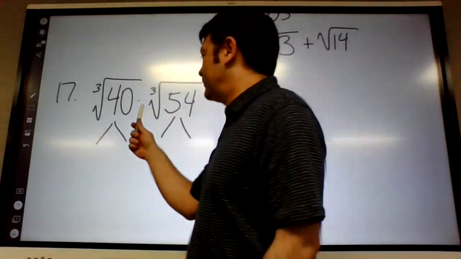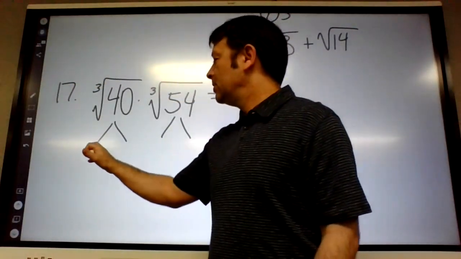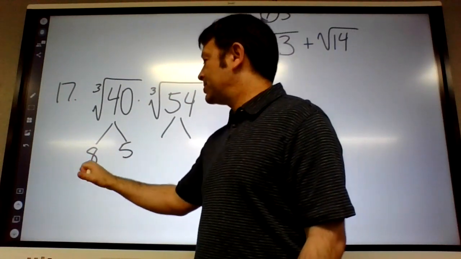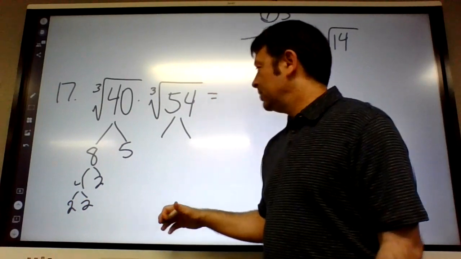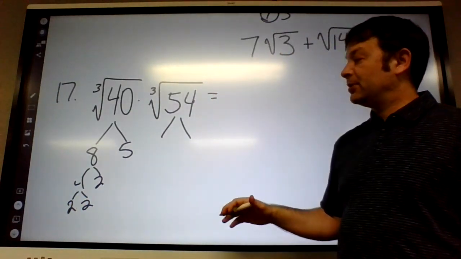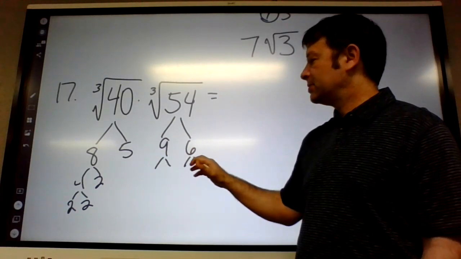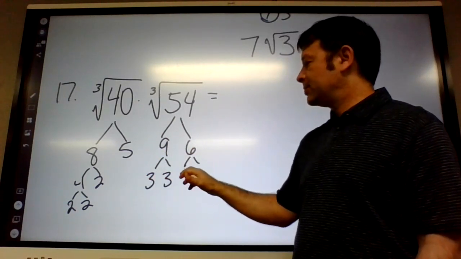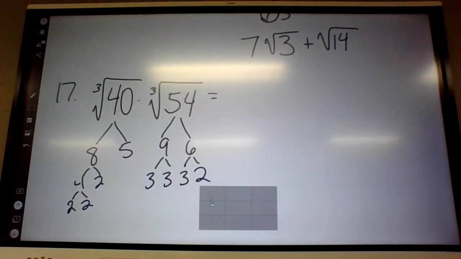Anyways, 40. Let's see. Davin, what can go into 40? 8. Okay, and then of course 8 is 4 times 2. Okay, what goes into 54? 9 and 6. We got a lot of stuff on this one. 9 is 3 times 3, 6 is 3 times 2. Okay.